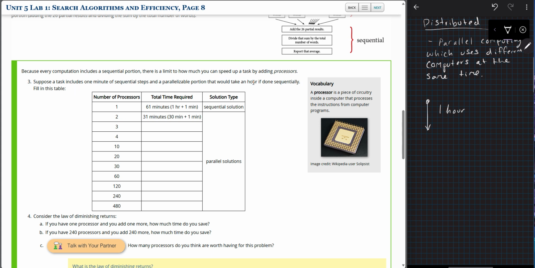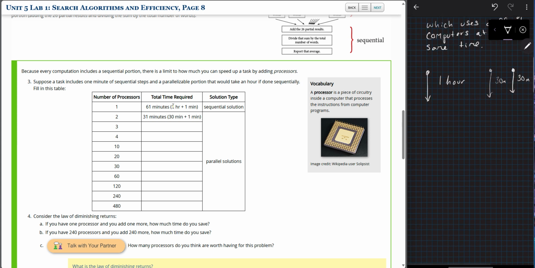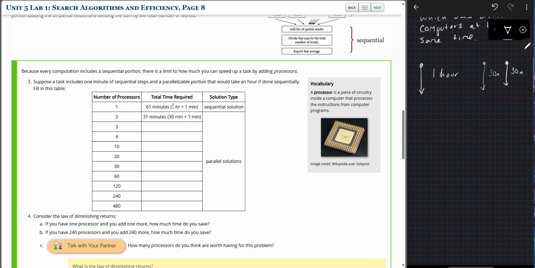So then, when you have two processes running that same one, how long would it take if you're able to split it up into two? Well, they would take 30 minutes each, right? Now, what happens if you're able to split it into three?